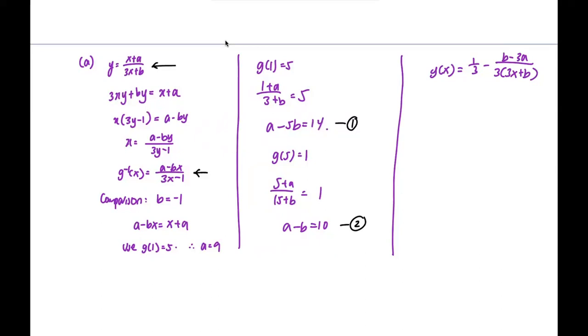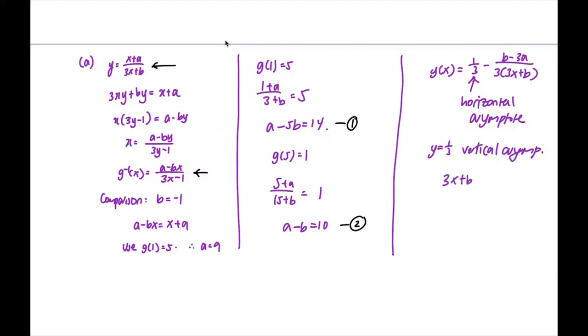So there is a horizontal asymptote. Okay, we know that this here is a horizontal asymptote. Now, because this is a self-inverse function, this means that y equals 1/3 is also a vertical asymptote, because it's self-inverse.